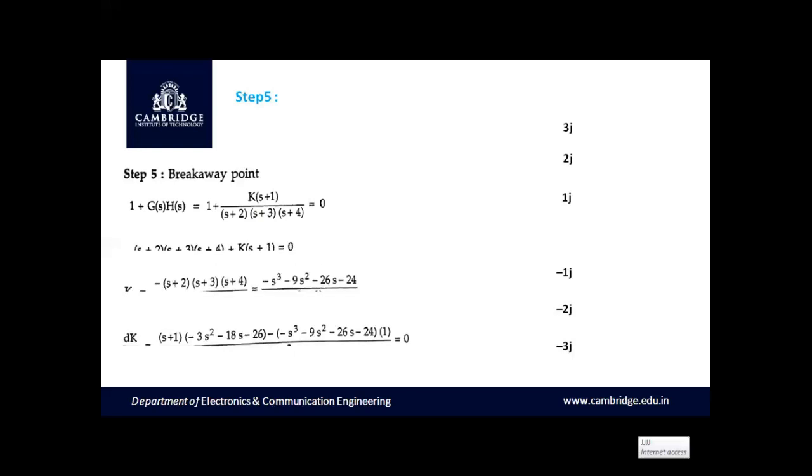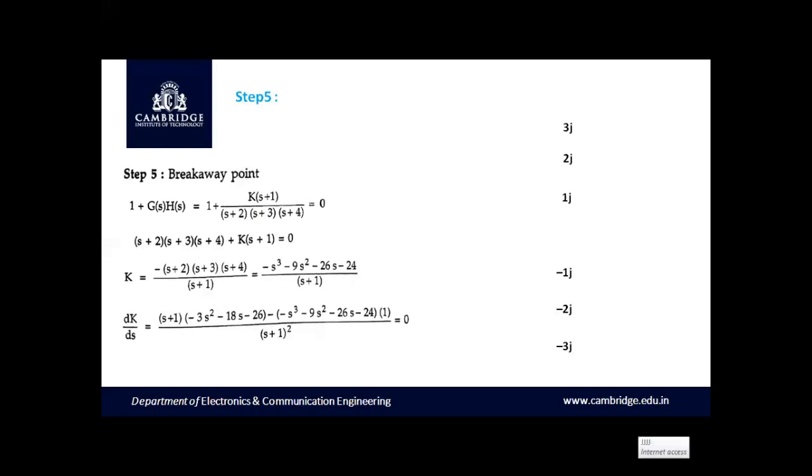So let us simplify this characteristic equation. Once after simplification, I get the characteristic equation as (s plus 2)(s plus 3)(s plus 4) plus K into (s plus 1) equal to 0. Now from this expression, we have to write K in terms of the polynomial.